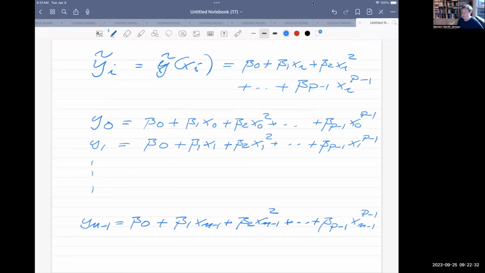Now, if you look at this, we have a given number of rows. If we define a vector beta, beta transposed contains the unknown parameters beta 0, beta 1, beta 2, up to beta of p minus 1. This is a vector of length p.